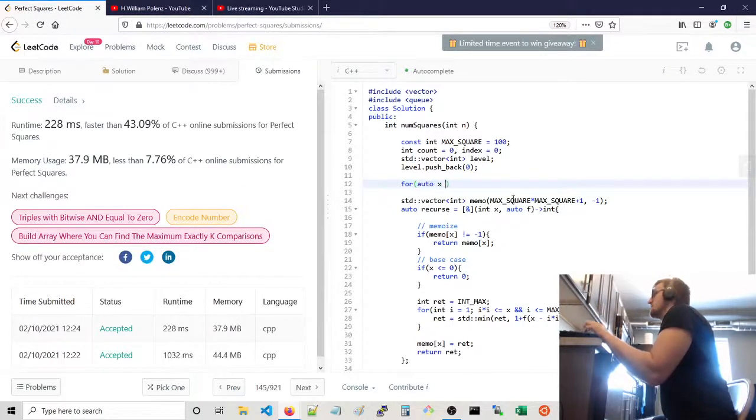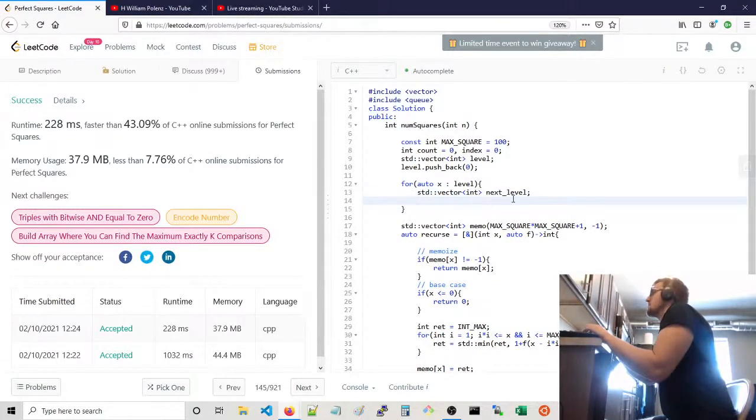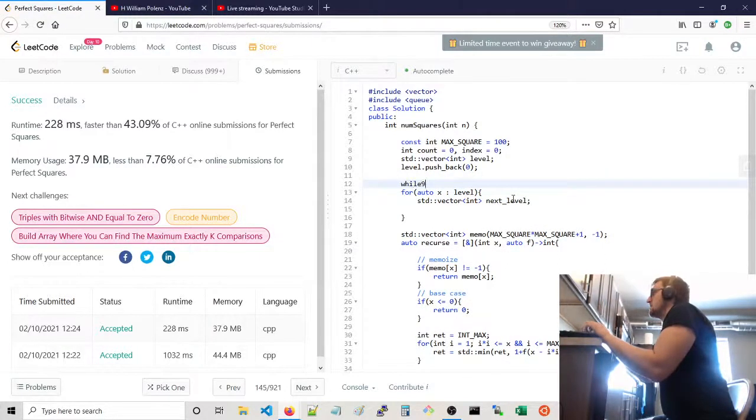Auto, and that level, say next level. It's probably while count is less than n, really should be less than n.